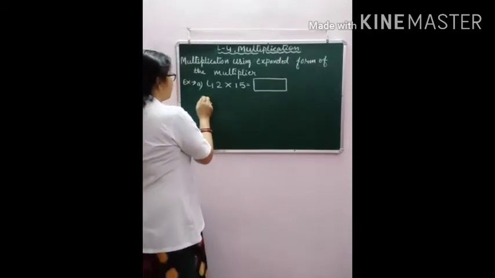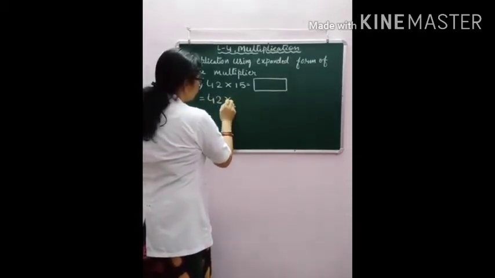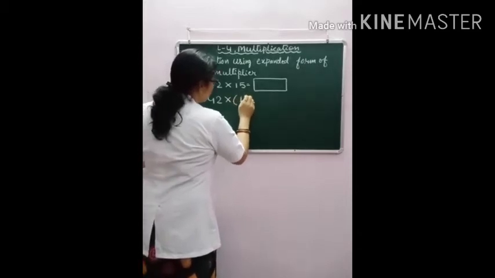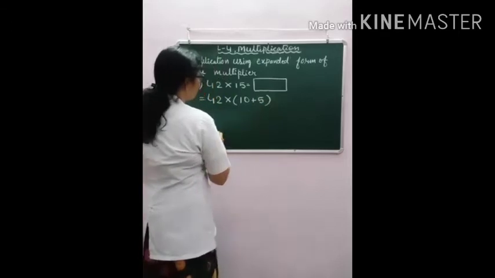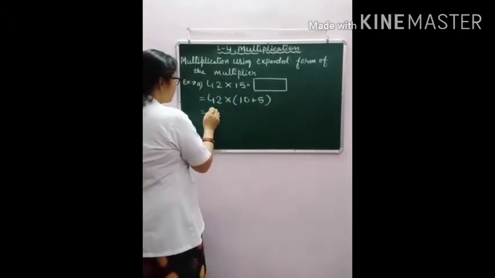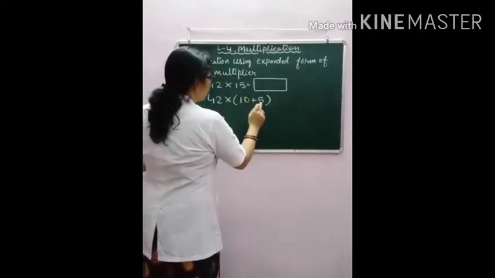Now, I will write 42 as it is and expand 15 as 10 plus 5. Now, in the next step, I will multiply 42 into 10 and again 42 by 5.